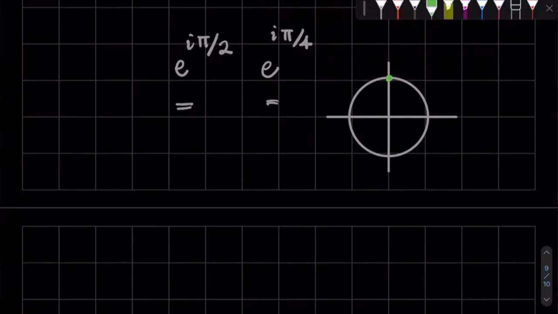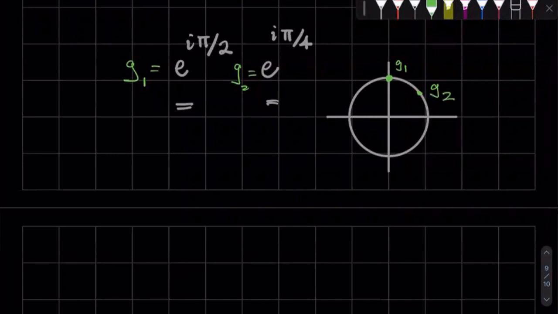And so this is, say, G1, and this is G2.